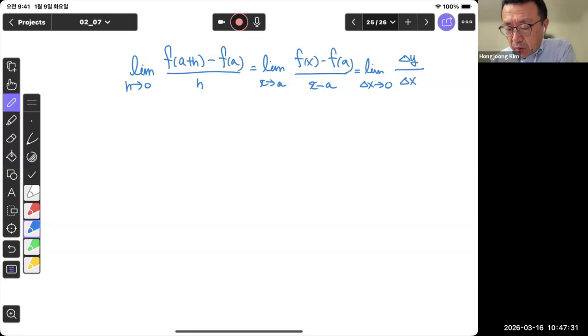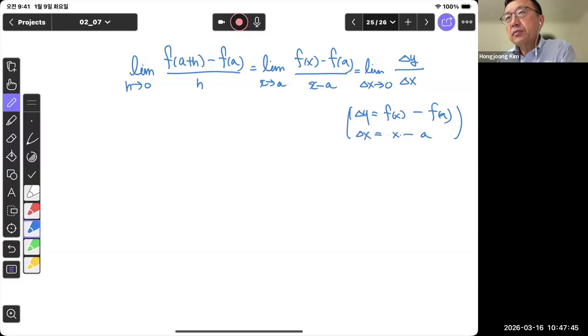Here delta y denotes the change in function value, while delta x denotes the change in the x values. So these all three limits, if one limit exists, then all the others will exist, right?